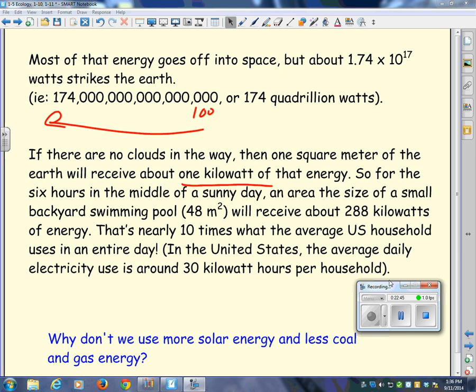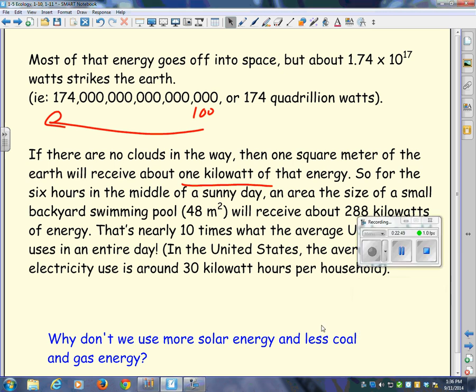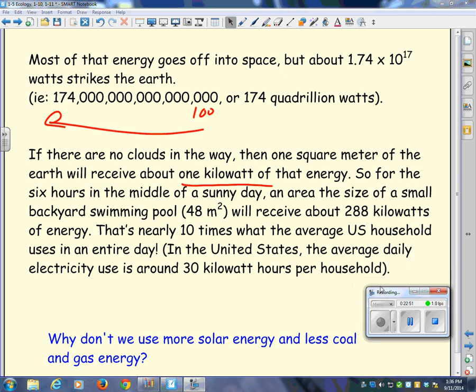Why don't we use more solar energy and less coal and gas energy? What do you think? Solar panels are expensive, right? That is true. And we've built up huge infrastructure.